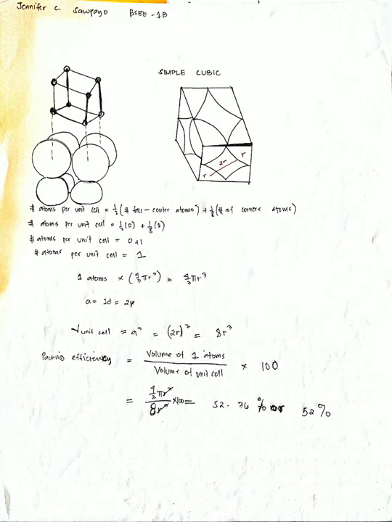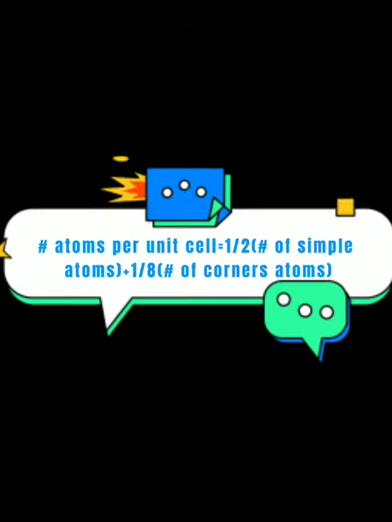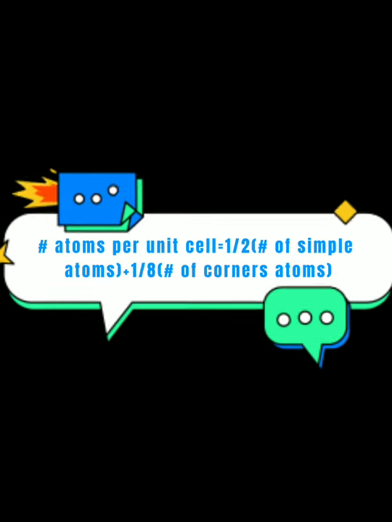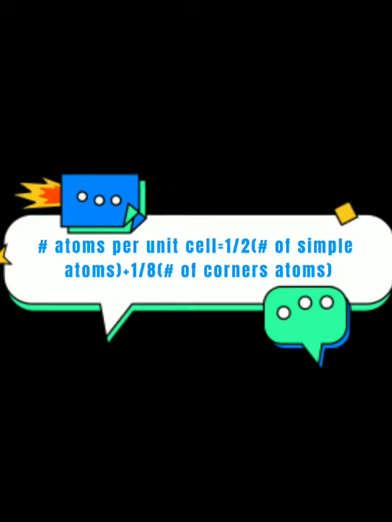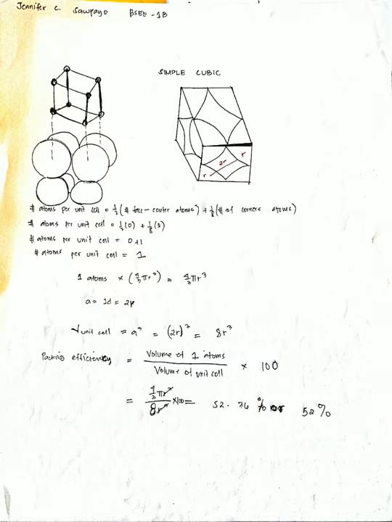We can also derive the formula: number of atoms per unit cell is equal to 1/2 times the number of face atoms plus 1/8 times the number of corner atoms. A cube has 8 corners and 0 face atoms.